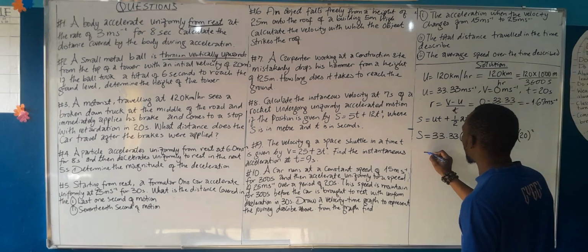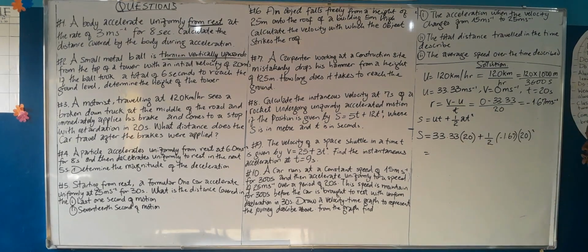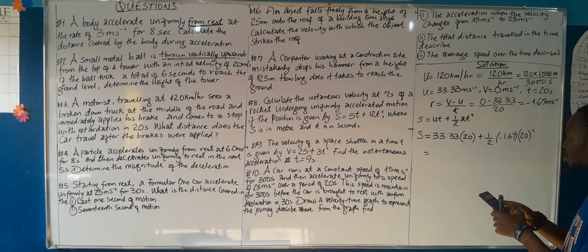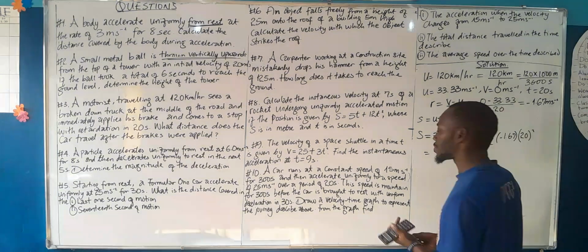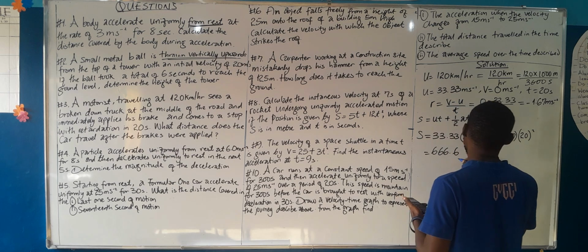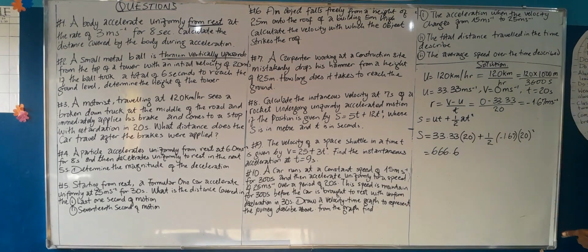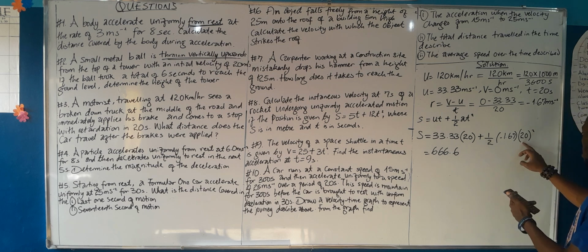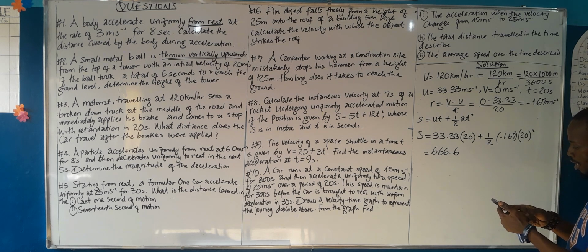Okay, so for the answer to this, we'll try the last one and see if we have the same answer. This is 33.33 times 20, which equals 666.6. Let me simplify this. 20 squared is actually 400 divided by 2.